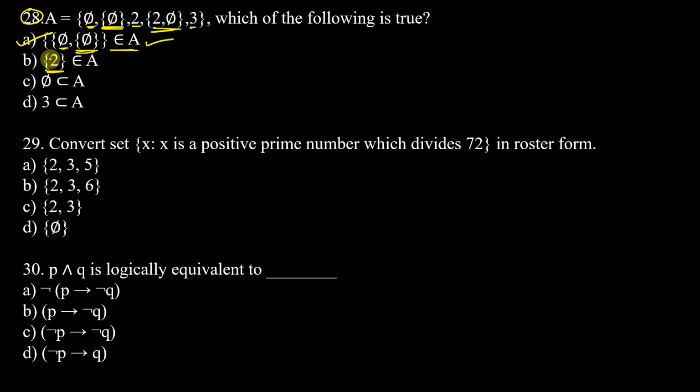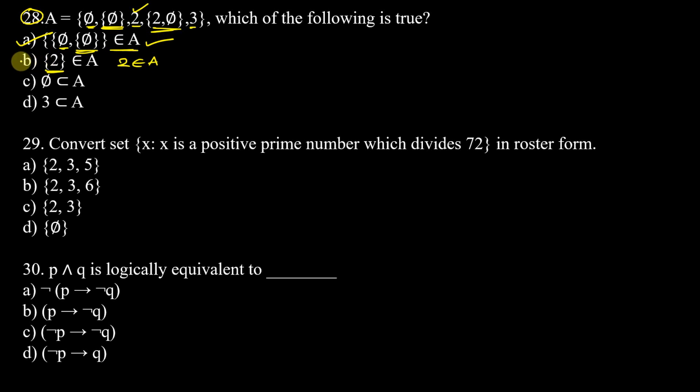Now what is it saying? Set {2} belongs to A. But does A have the set {2}? No. A has the element 2. A does not have the set {2}. Instead of this, it could have given 2 belongs to A, then it would be correct. What is given is 2 in parenthesis.